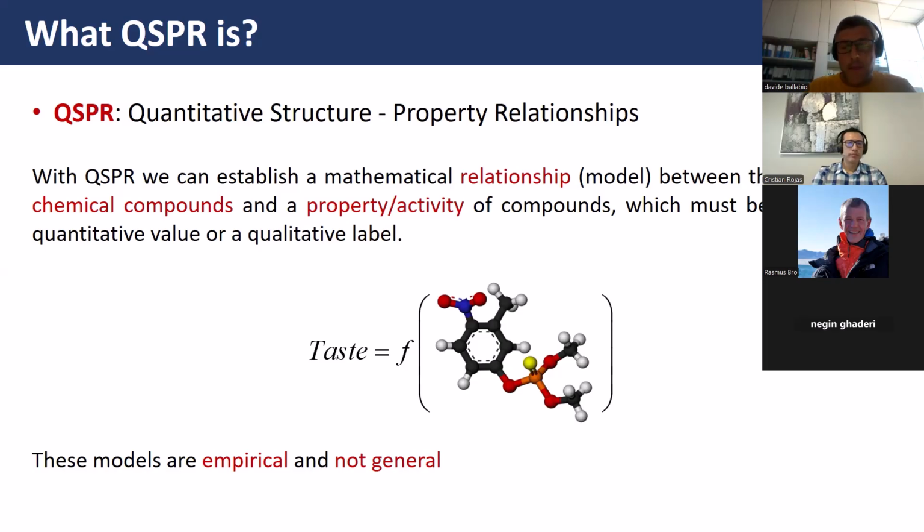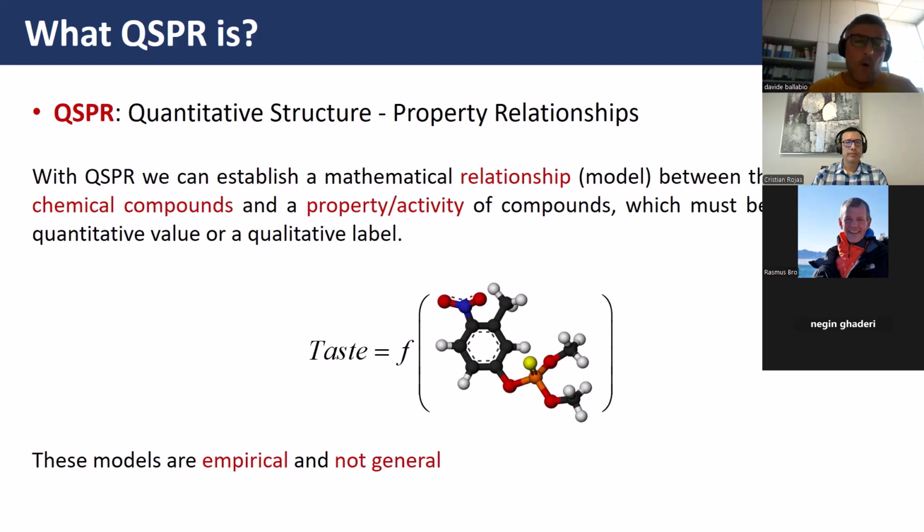So let's say you have a new chemical compound and you don't know its taste. Well, you can use these models. You can use the structure of the chemical compound as input of these models, and you can predict the taste without any kind of experimental setup at the beginning.